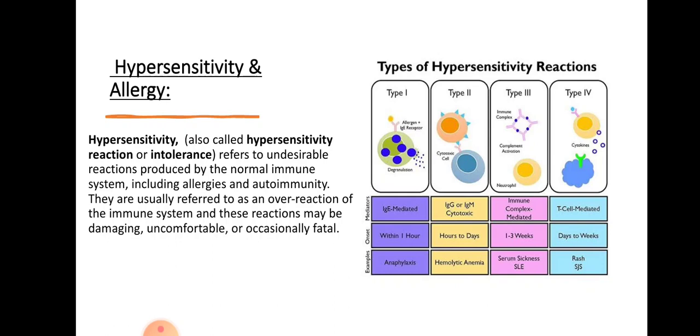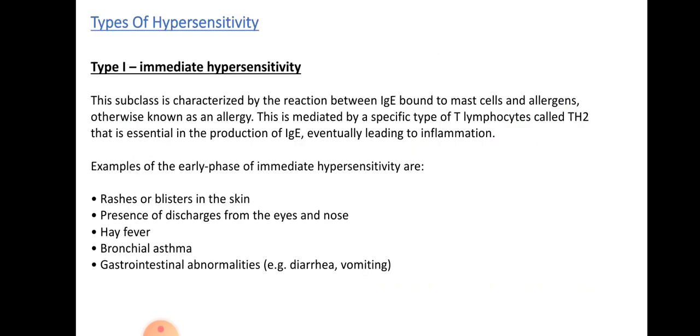So here in the picture you have the types of hypersensitivity reactions. They are type 1, type 2, type 3 and type 4. Let us see what are the different types. First one is type 1 immediate hypersensitivity. This subclass is characterized by the reaction between IgE bound to mast cells and allergens, otherwise known as an allergy. This is mediated by a specific type of T lymphocyte called Th2 that is essential in the production of IgE, eventually leading to inflammation.